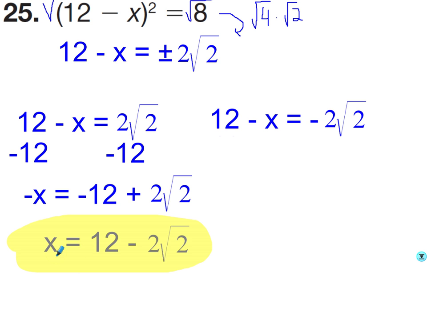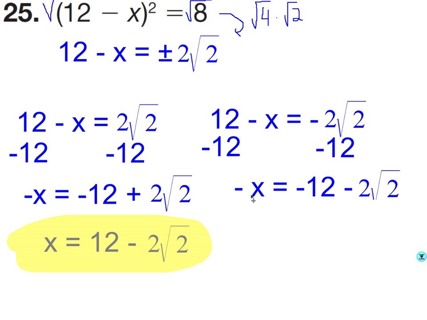Huge pain. Okay? Now we have to do all that again, but this time setting it equal to negative 2 root 2. So subtracting 12 from both sides, and bring down negative x. Now again, I can't actually subtract that.